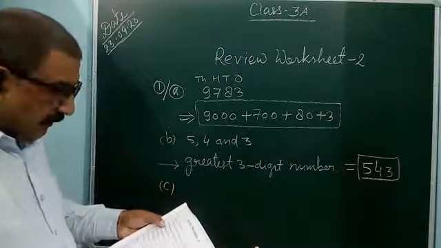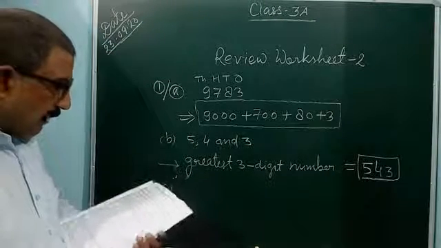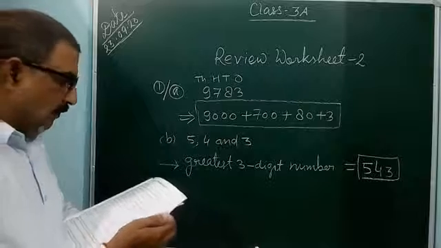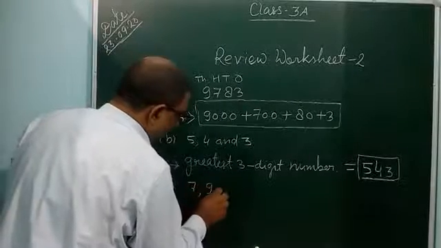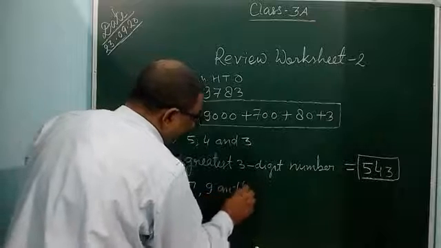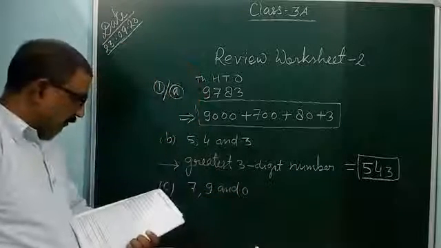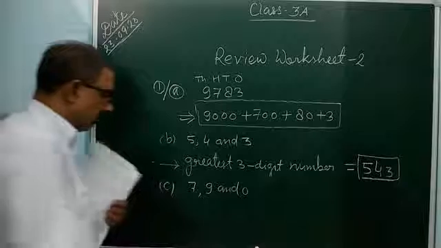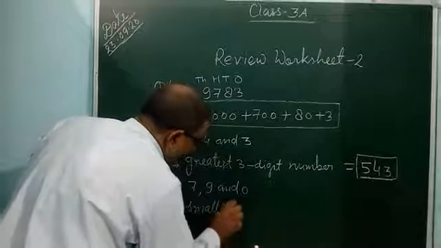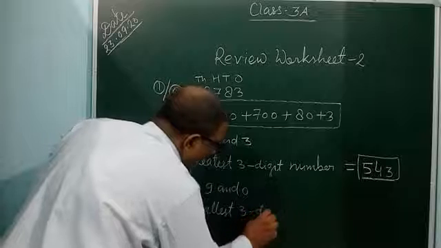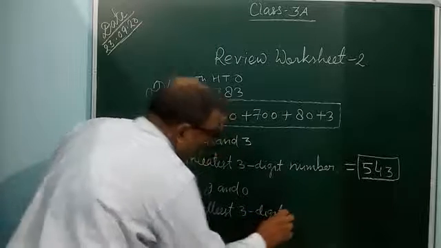For question number C, the smallest 3-digit number formed with 7, 9 and 0. Numbers are given 7, 9 and 0. So it is asking the smallest 3-digit number.